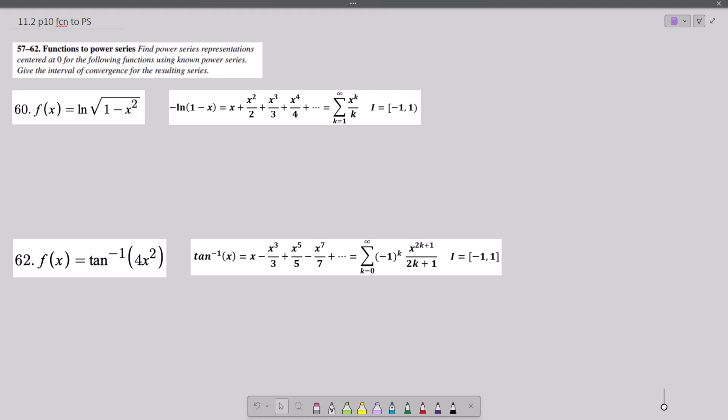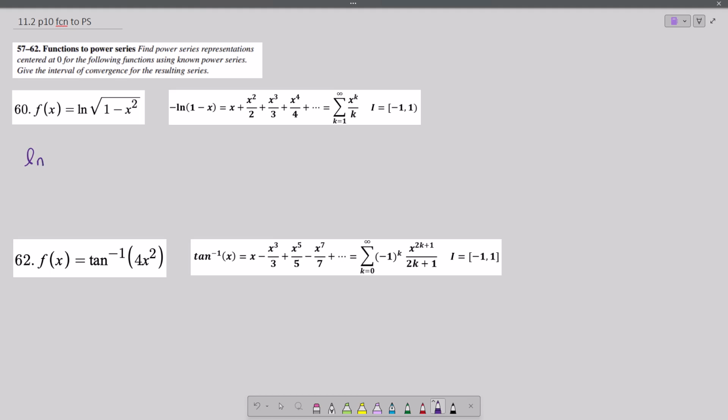What are we going to replace the x with? We have an x squared here. We have an x there. So the power series has just an x, so we want to replace it with x squared. So we can build the power series quite quickly for this.